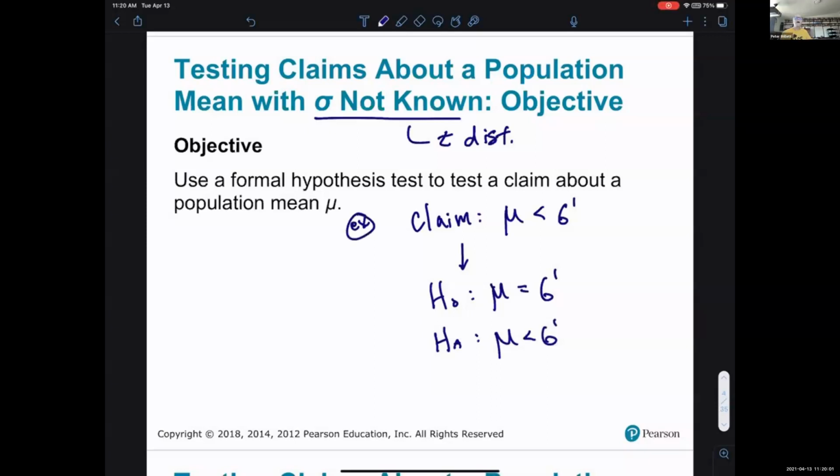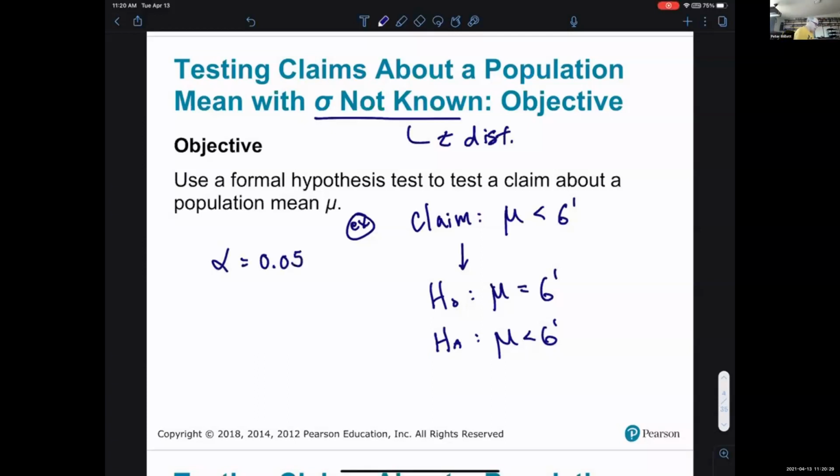And then from that, we would take the information from a sample and use StatCrunch, and the information from a sample, either a summary or maybe they actually give us the data values of some sample. And we would put that into StatCrunch to produce a p-value. And then we would be given some alpha value, typically 5%, but it could be 1% or 10%.